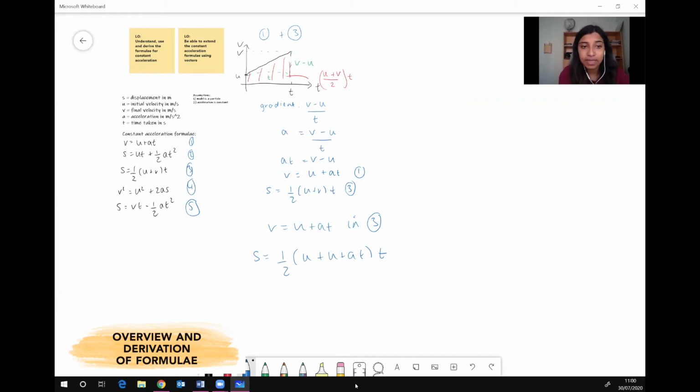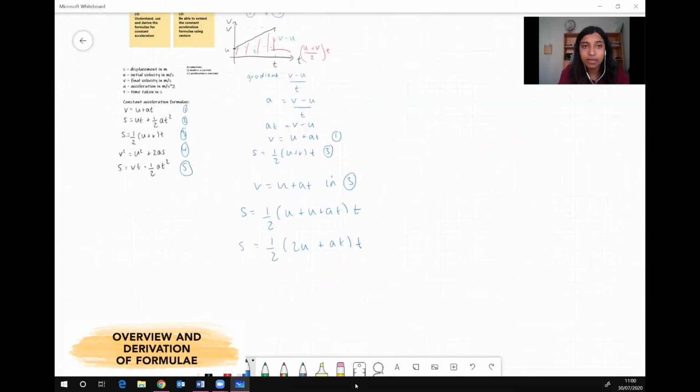So that means our s is equal to a half times (2u plus at) times t. Then if we multiply this out, we get s is equal to half times 2u, that's just u, times t, so it's ut, plus half at squared. And that's our equation 2.